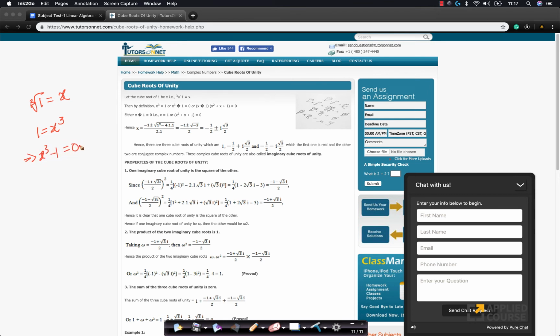When you have x cube minus 1, you can write it as x minus 1 into x square plus x plus 1 equals 0, as shown here. Here this should be x minus 1.